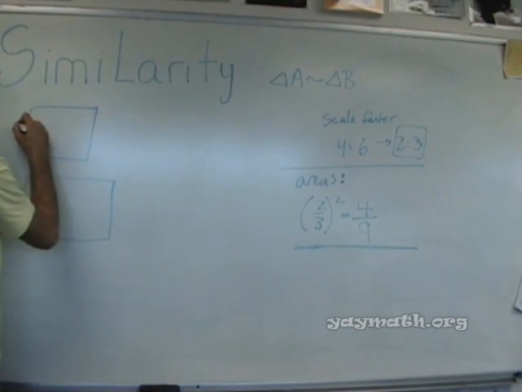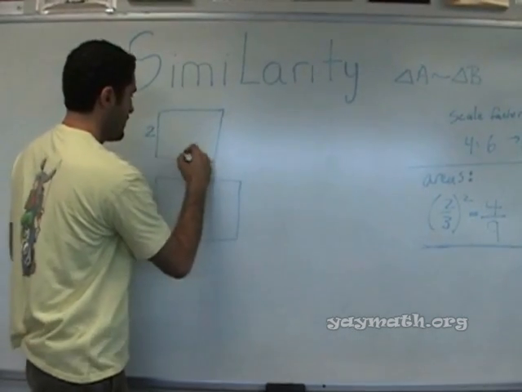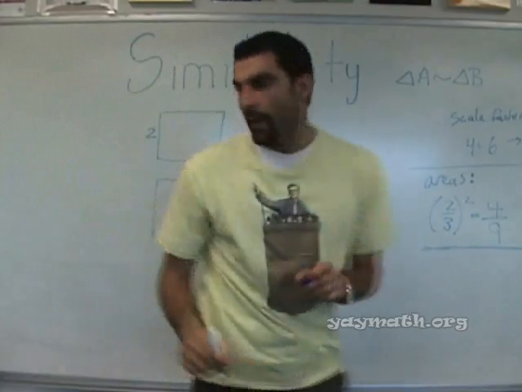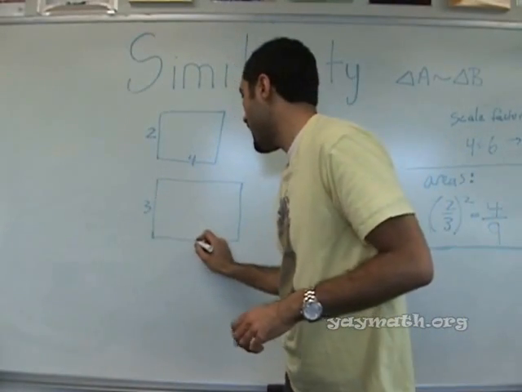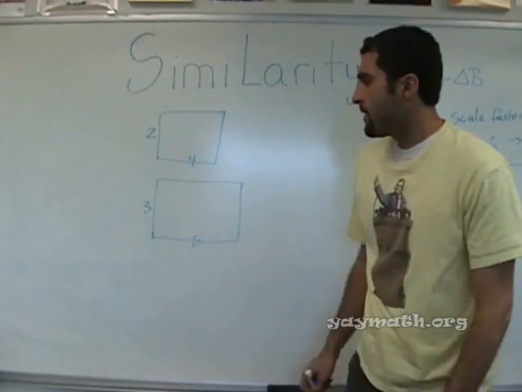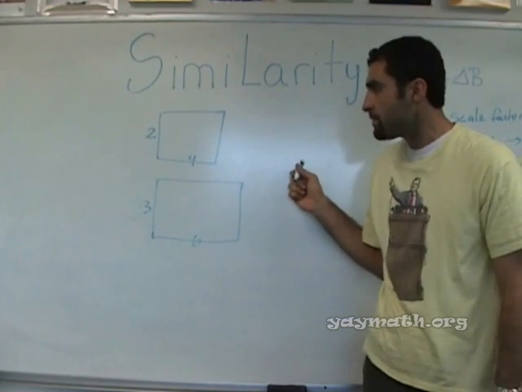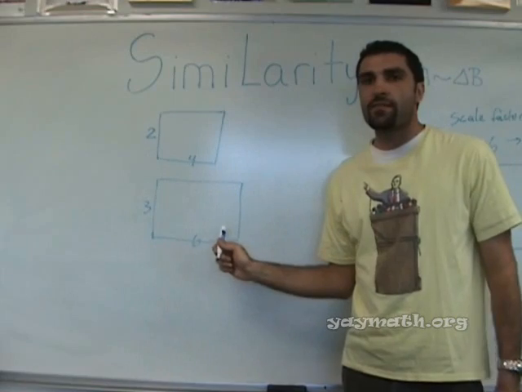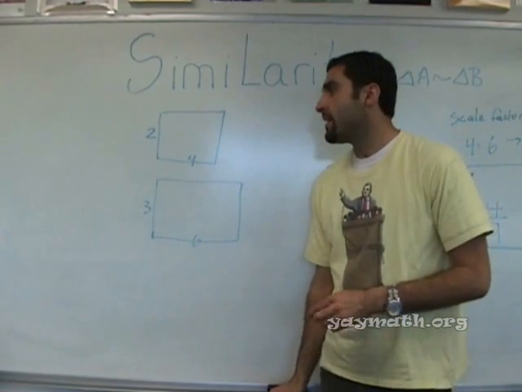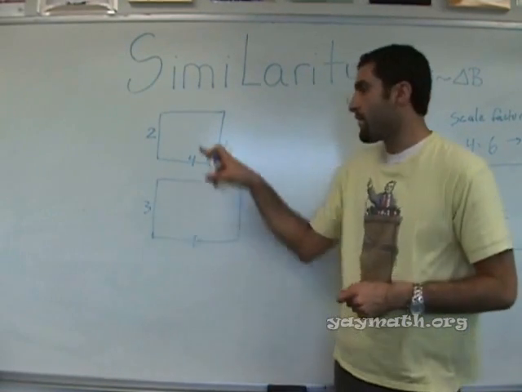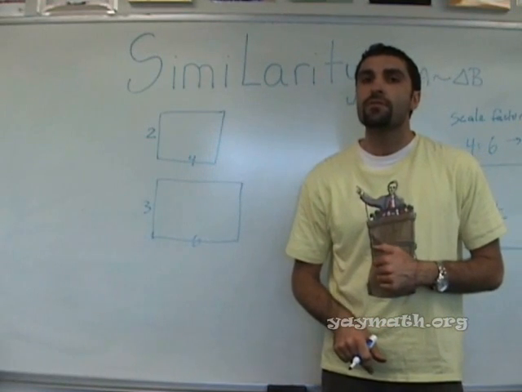Similar rectangles, let's say would be 2 and 4, and then 3 and 6. So these two rectangles are similar, correct? See how they're similar? 2 over 3 equals 4 over 6.